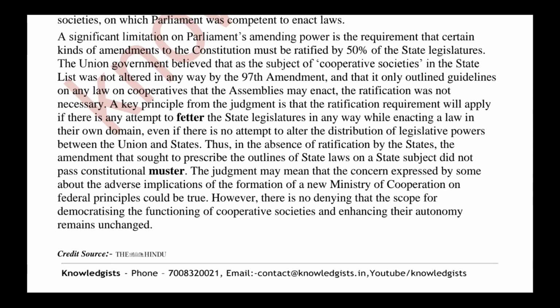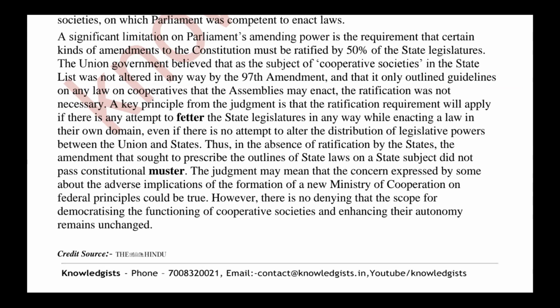As we know, power is divided between the state and the center, so no alteration can be made.